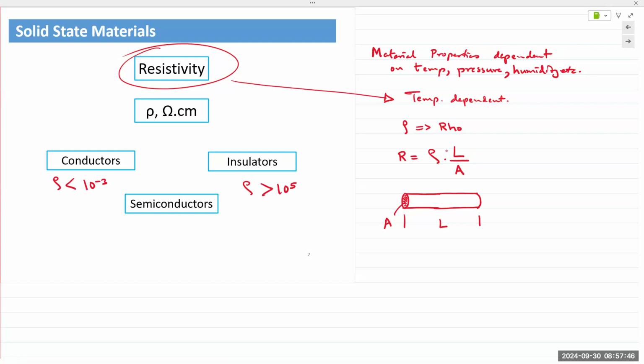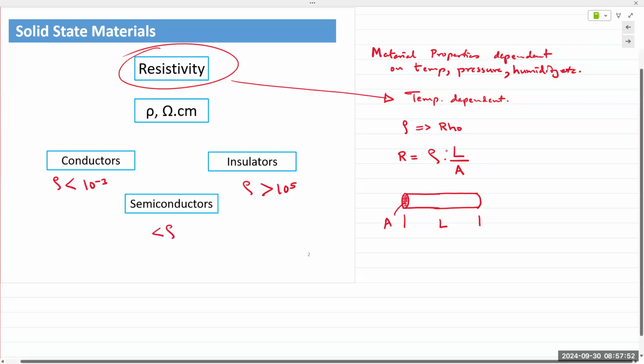They can act as conductors or they can act as insulators.